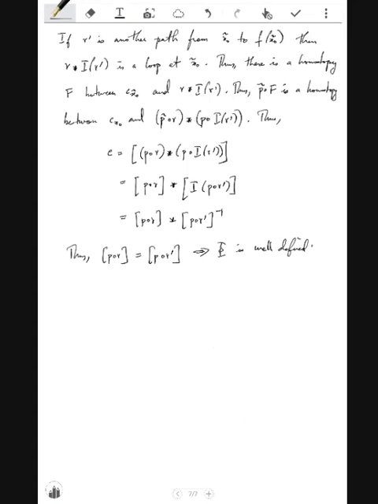So we have defined a map of sets, and the theorem is: phi is an isomorphism of groups.